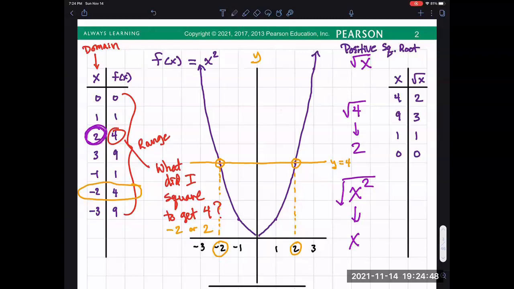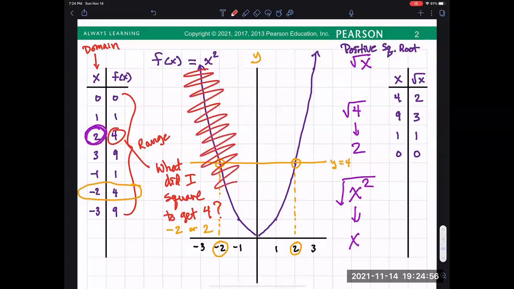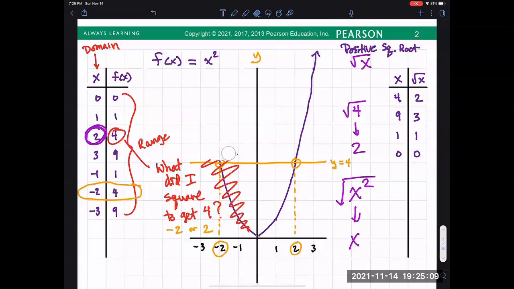And what that does graphically is it says, well, when I'm looking at the parabola, I'm going to not consider all of the negative x values on the graph. I'm going to eliminate that part of the graph. You can imagine that if I eliminate that part of the graph, let's even just take it off of here. If I eliminate this, well then, for example, when I have my y equals 4, it doesn't connect on the left and the right side. It only connects on the right side.